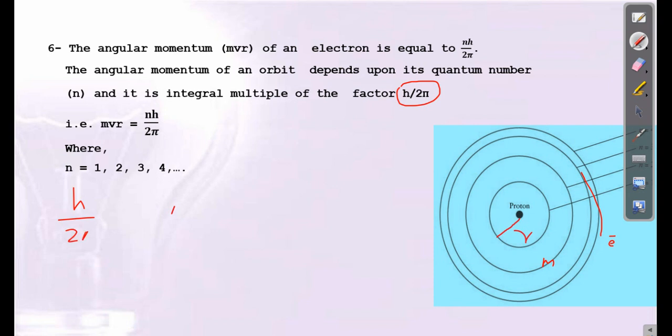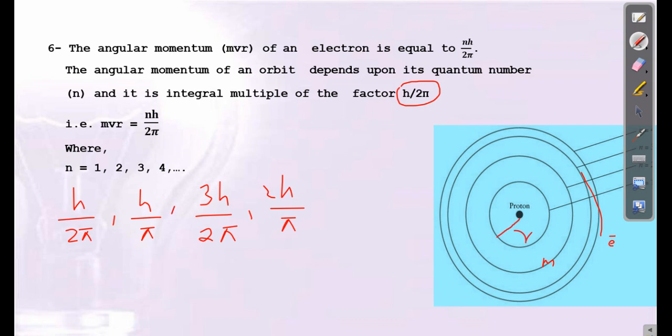Similarly, the angular momentum of an electron in the second orbit is h upon pi, and in the third orbit the angular momentum value is 3h upon 2 pi. Similarly, in the fourth orbit, it is 2h upon pi. So he says that the angular momentum of an electron is equal to nh upon 2 pi, or an integral multiple of h upon 2 pi.